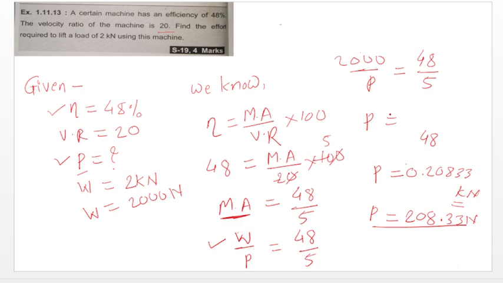Here also you can use 2000 into 5, and then it is not necessary to write this; directly you get the answer in Newton. Like this way you can solve.